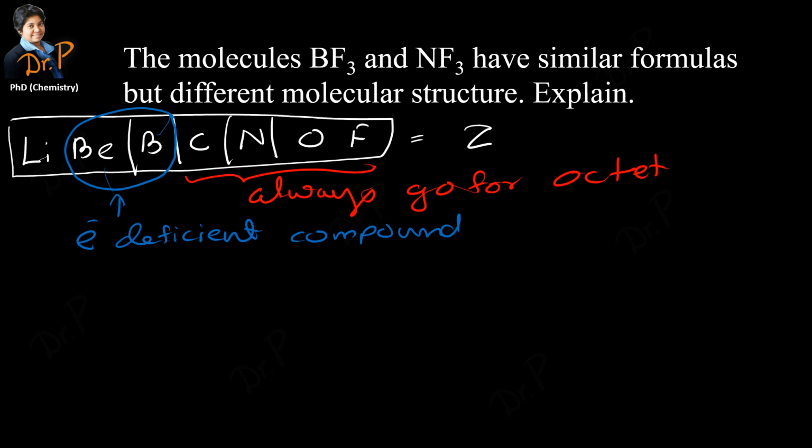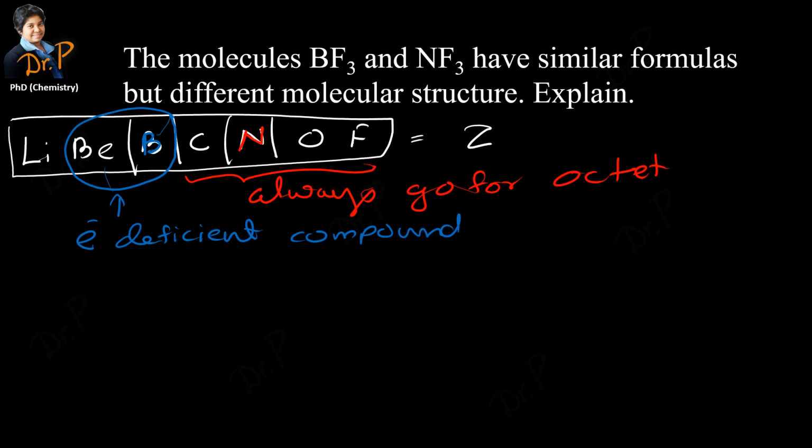They're fine with electron deficiency, but if they find an opportunity to fill it, they would do it, but still they can make electron deficient compounds without going for octet. However, carbon, nitrogen, oxygen, fluorine will always go for octet. Now the two elements we are looking at are boron and nitrogen.